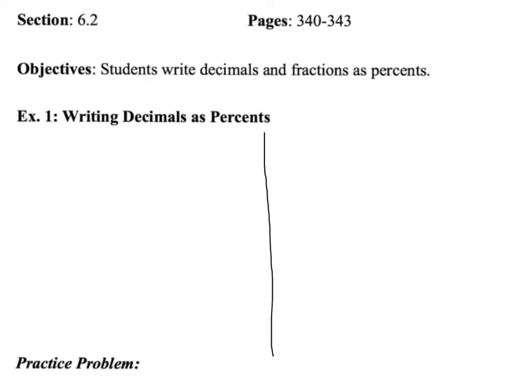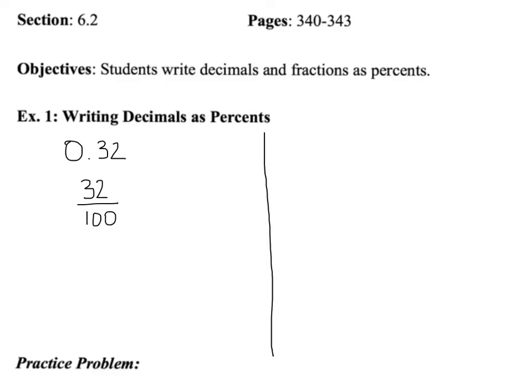For writing decimals as percents, one of the first ways you can do this for 32 hundredths is to say it just like I did. Not 0.32, but use your place value knowledge. 32 hundredths, if you had to think of that as a fraction, would be 32 over 100.